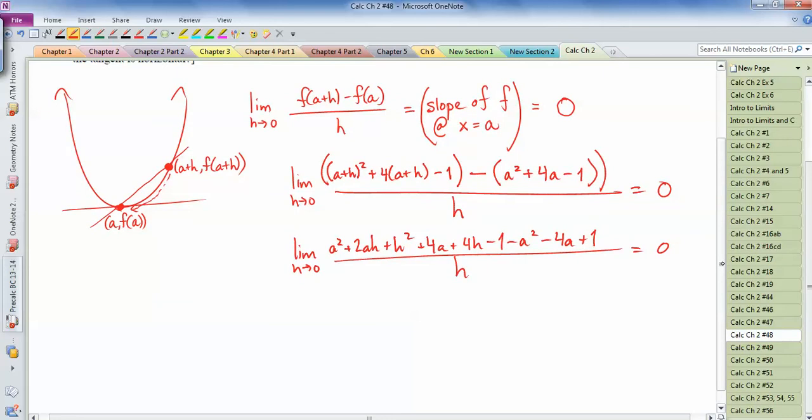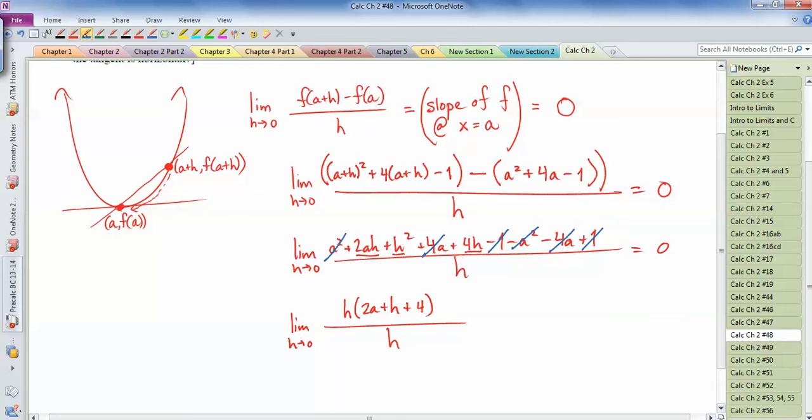Okay, so we can cancel some stuff, and really every term that doesn't have an h in it ought to cancel. So a squared and negative a squared, 4a and negative 4a, negative 1 and positive 1. So what I'm left with now is the limit as h goes to 0, and I'm only left with h terms here. So I'm going to factor out an h. So I get h times (2a plus h plus 4), all over h.